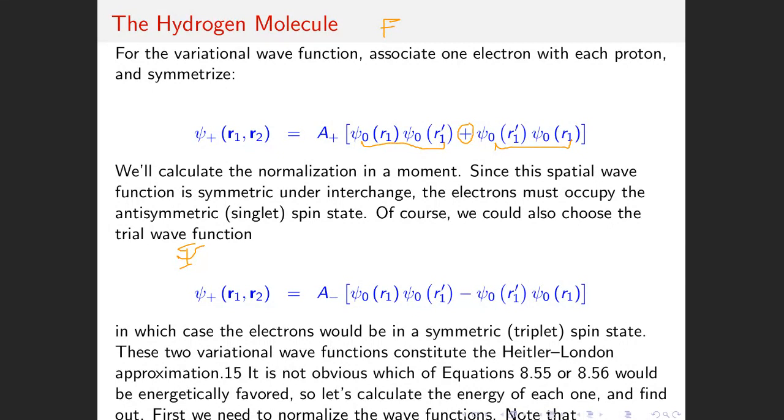So this means that if you were to choose the plus one, which is symmetric, the wave function coming from the spin part has to be antisymmetric. Similarly, once you've chosen something that is antisymmetric here, it will mean that this has to be symmetric, so that the overall wave function of your system, which is made of the spatial wave function, which is what I wrote there, and the spin part, the total has to be antisymmetric.